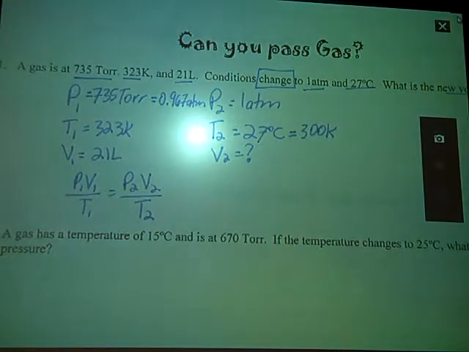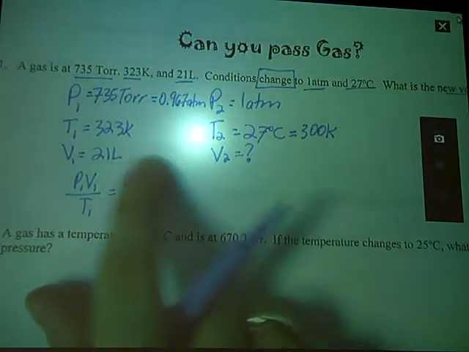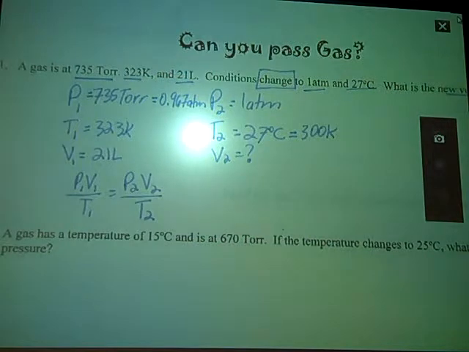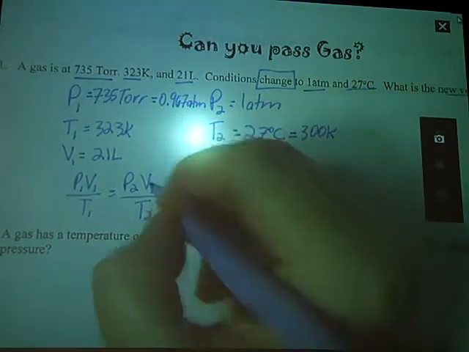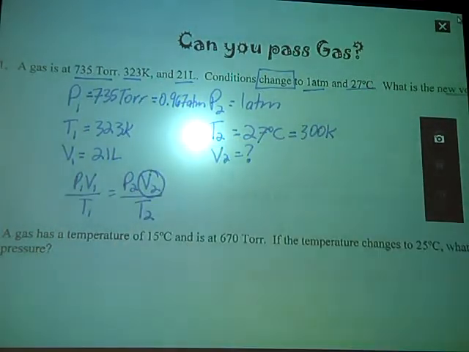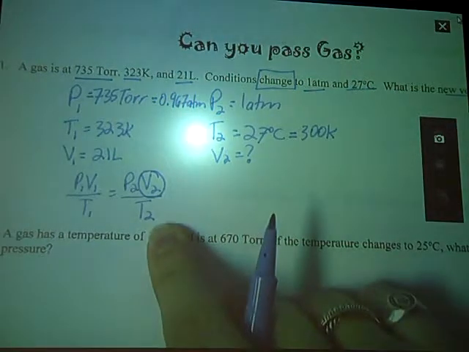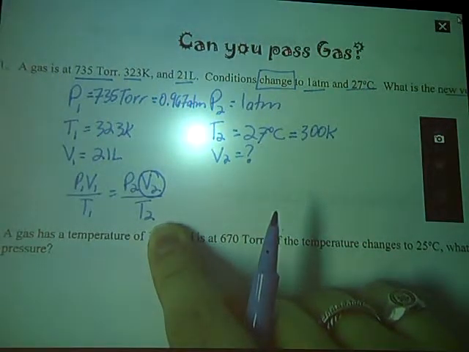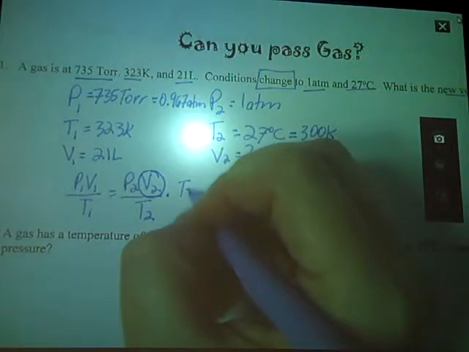Another recommendation that I make to my students is to rearrange the equation in variable form like this before you start adding in numbers. Once you start trying to rearrange numbers, you increase the likelihood that you're going to make a silly mistake. Move a decimal the wrong way, drop a zero, have a moment where you switch around numbers. So we're looking for this V2. We got to get that V2 by itself. So T2 is being divided here. I'm going to multiply both sides by T2.